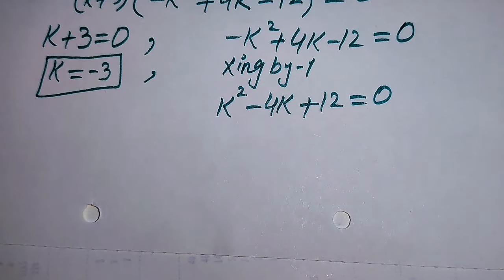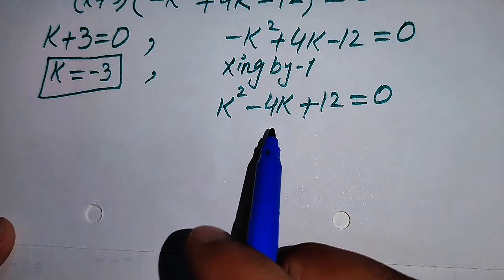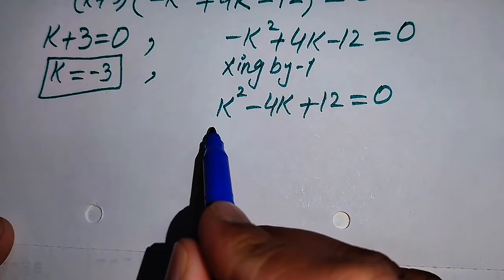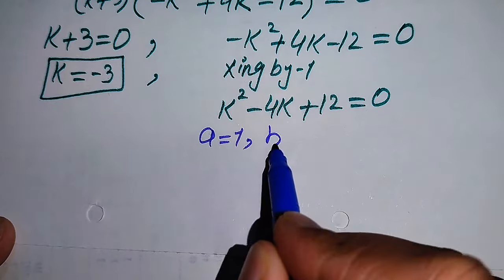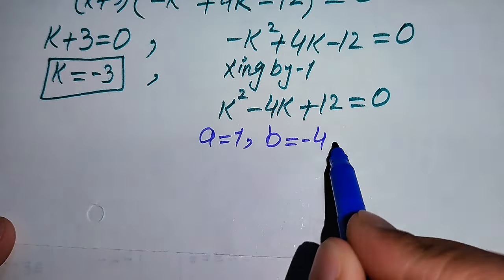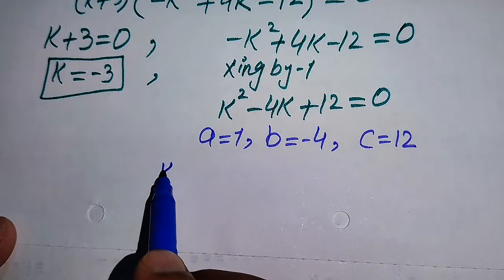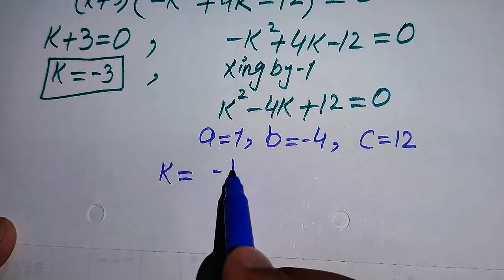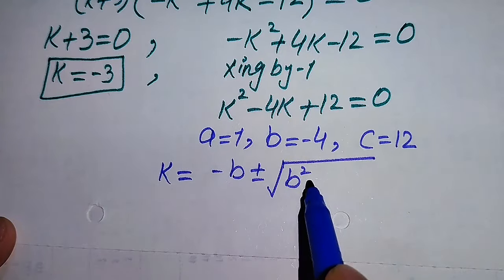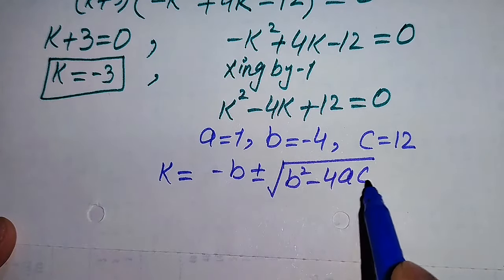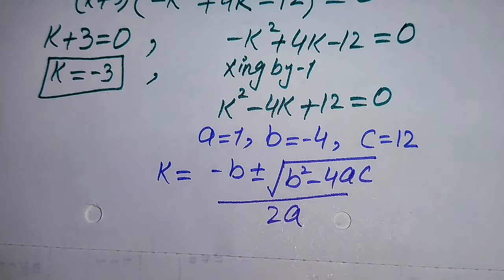In the next step we need to use the quadratic formula to solve this quadratic equation. For this we need to write the coefficients of this equation: a equals 1, b equals minus 4, and c equals 12. We state the quadratic formula as k equals minus b plus minus square root of b square minus 4 times ac, divided by 2 times a.